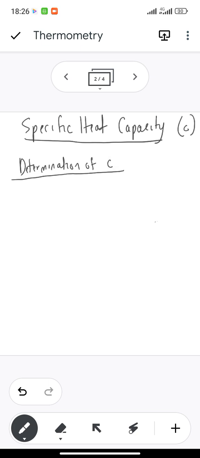So there are basically two ways by which we can determine it, or we're going to just discuss two ways. The first way is the method of mixing, and the second way is the electrical method.